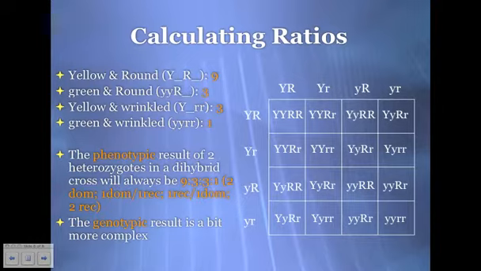What's most likely for me to ask you is the genotypic ratio according to the parents. And if you remember, the parents were both heterozygous for both traits, so capital Y, lowercase y, capital R, lowercase r, and there happened to be 4 individuals in this square that fit that. But again, you would have to calculate the ratios based on what the question is asking.